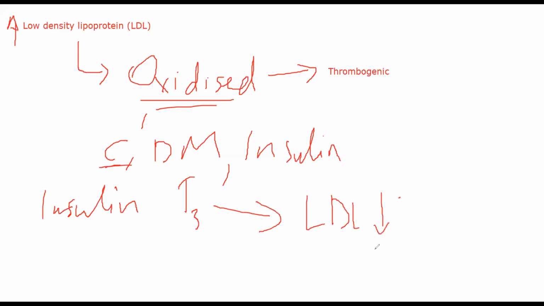Or to put it another way, LDL will be low when insulin and T3 are high. Okay, so by that logic, you can also derive that someone who has diabetes and someone who has hypothyroidism, in diabetes the insulin level goes down, and in hypothyroidism thyroid hormones are low. In that condition, what happens is hypercholesterolemia occurs. The amount of cholesterol that is present in a person's blood will increase because LDL concentration will go up. Okay, I hope you understood the logic here.